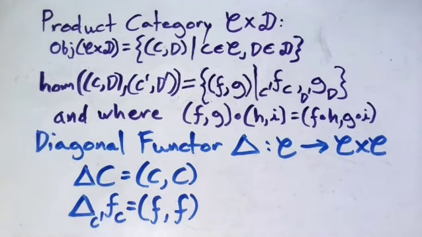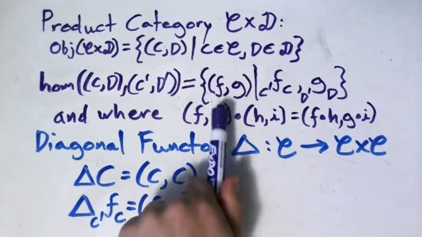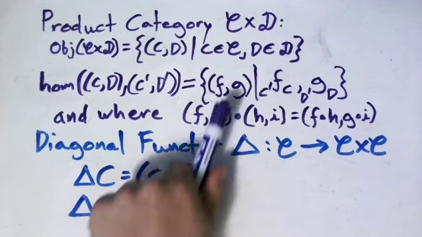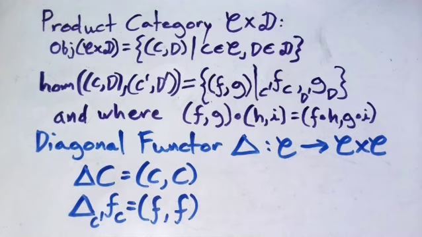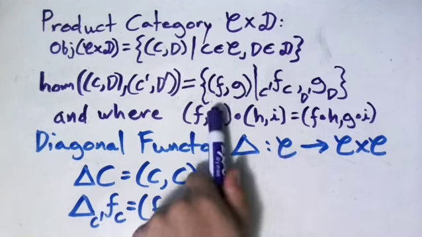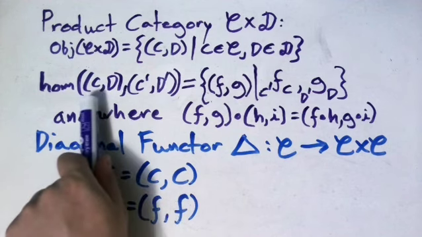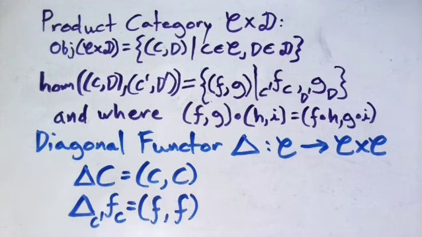And the home set between any two objects in C cross D. So if we have a pair CD and a pair C prime D prime, then the home set between those two will consist of pairs of morphisms. So just as we have pairs of objects, we have ordered pairs of morphisms, where the one on the left goes between the two objects on the left sides, and the one on the right goes between the two objects on the right side.